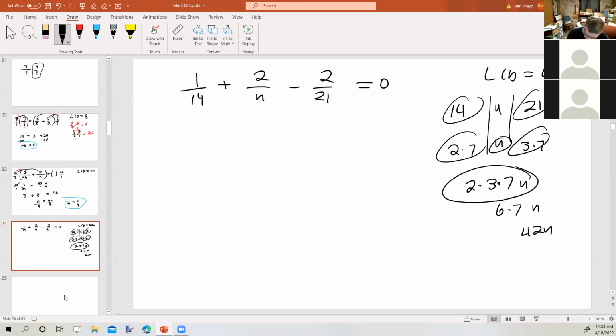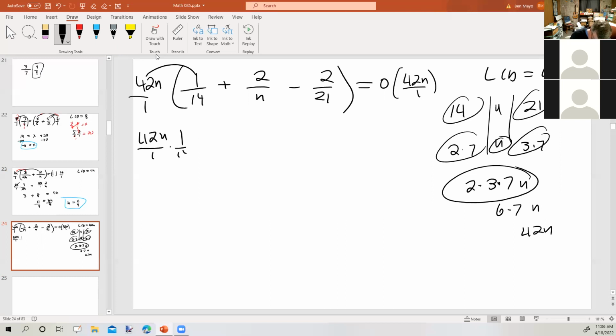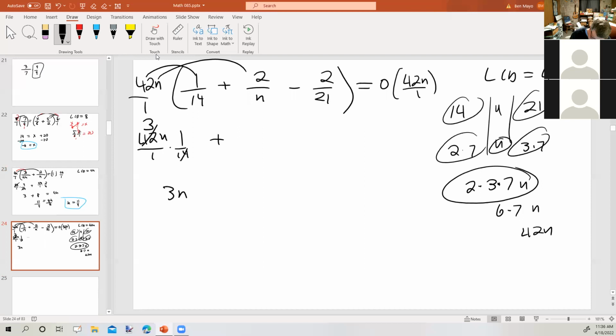Yeah. All righty. So now I'm going to multiply both sides by 42n. So 42n times 1 over 14. 42 over 14 is 3, so I get 3n plus 42n times 2 over n.